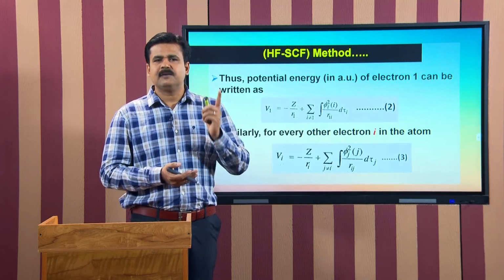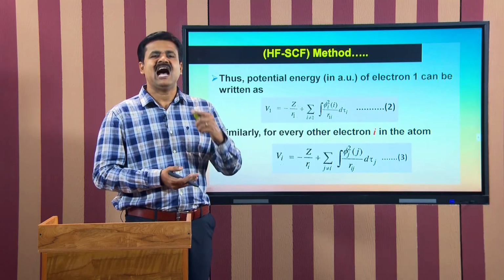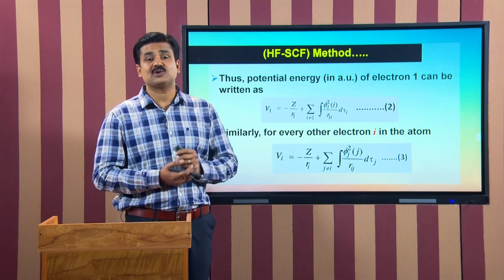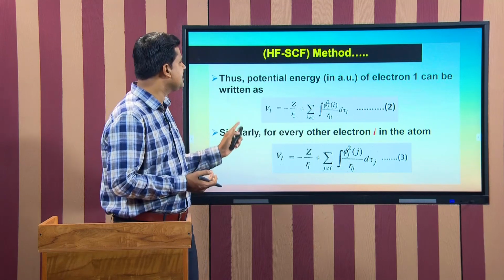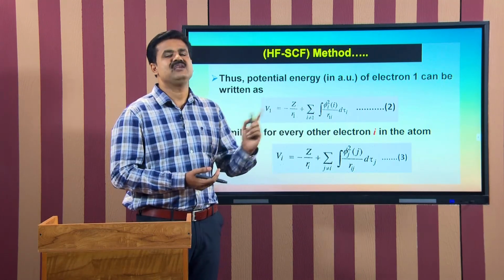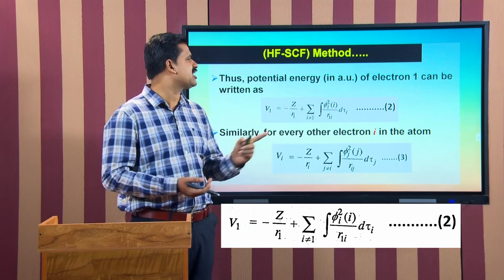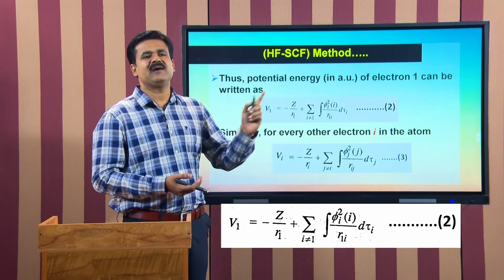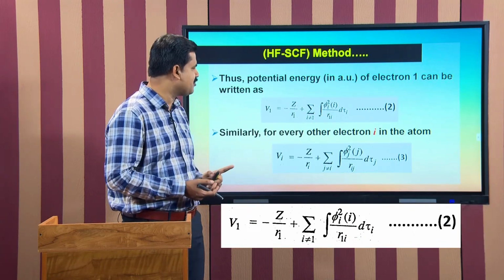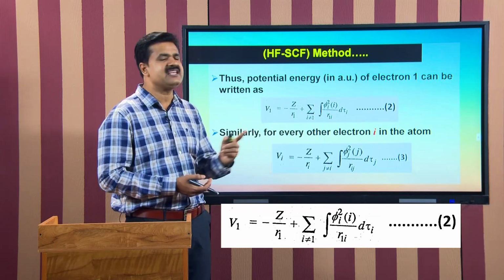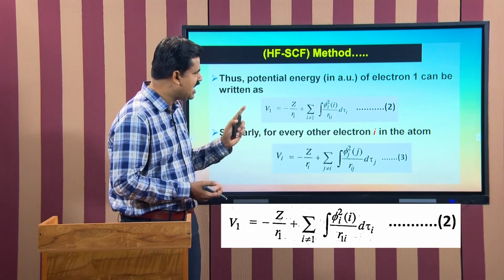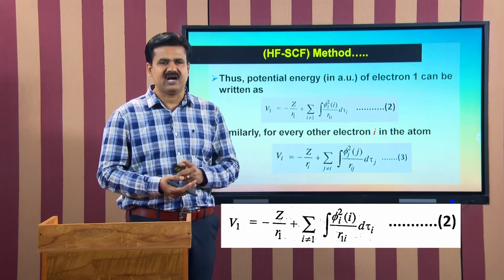Thus, the potential energy in arbitrary units of electron 1 can be written mathematically as V1, where V1 stands for the potential energy of the first electron, which is equal to minus Z divided by R1 plus sigma i not equal to 1 integral phi i square (i) divided by R1i d tau i.